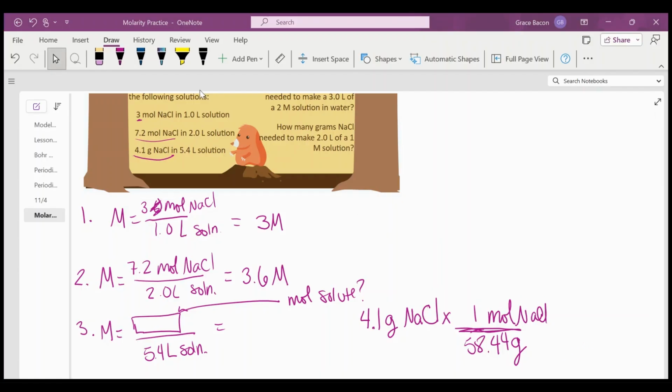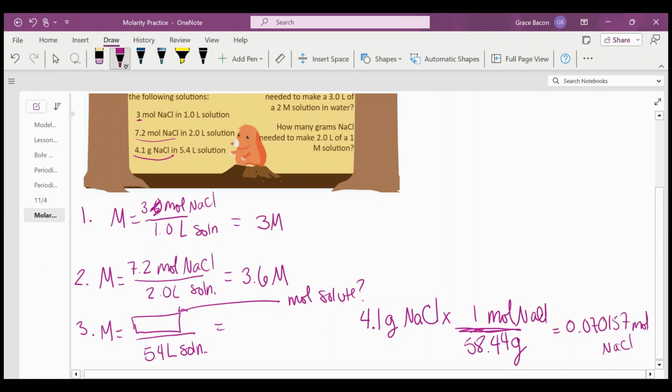So that is going to be equal to, we're going to do 4.1 divided by that, and we're going to get 0.0701. We're going to keep some extra digits here. 0.070157. That should be enough digits for us.